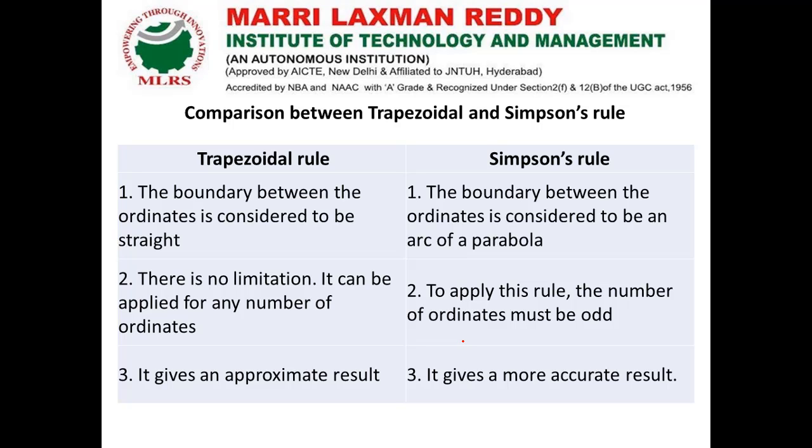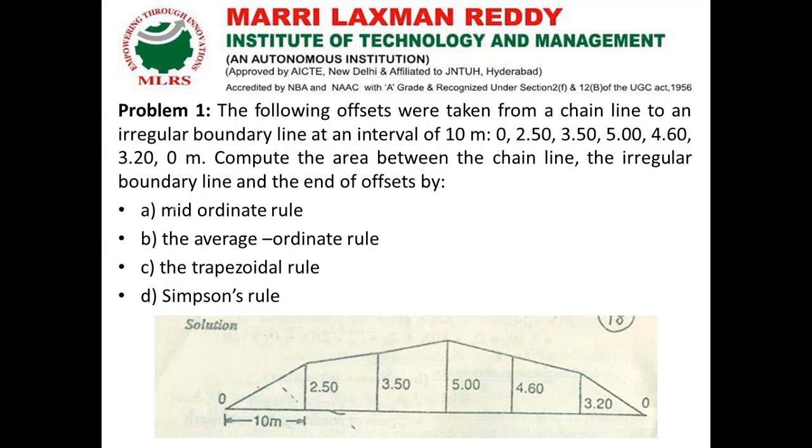So now we should go for the problem related to areas using offsets. Let us discuss the problem. Problem 1. The following offsets were taken from a chain line to an irregular boundary line at an interval of 10 meter. So here d is 10 meter.